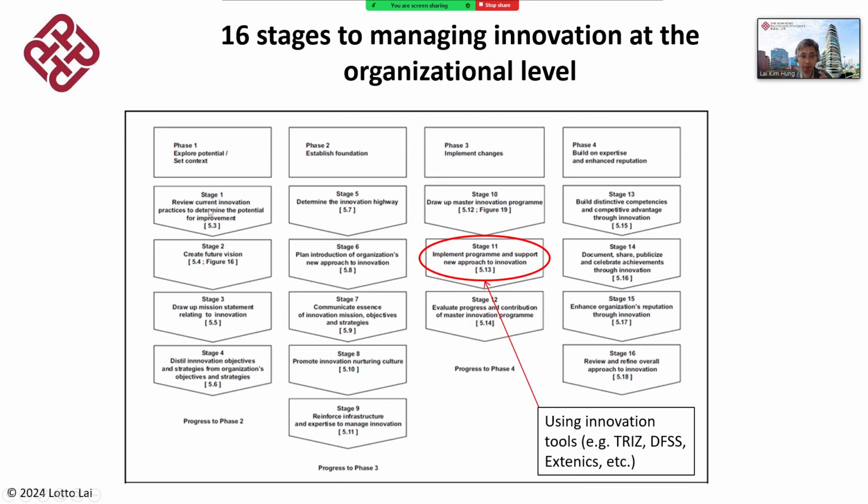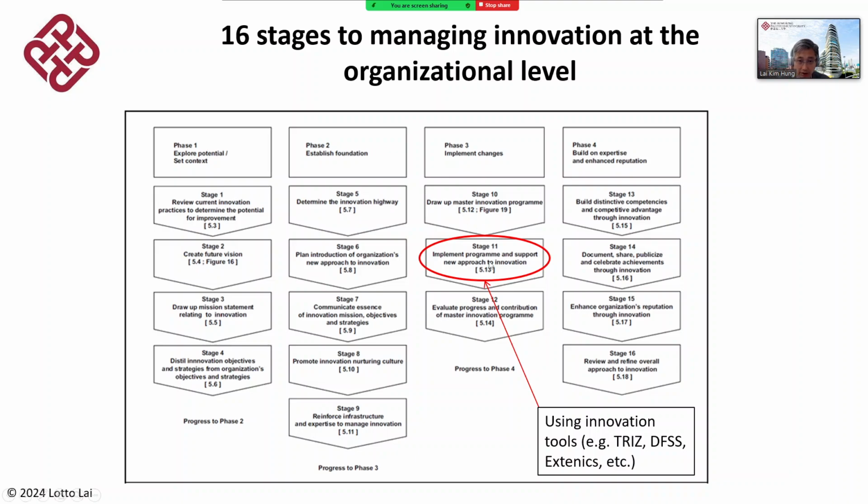They propose 16 stages to manage innovation at the organization level. They are separated into four phases: explore potential or set context, and then establish the foundation in phase two. Implementation change is phase three, and then build on expertise and enhance reputation.